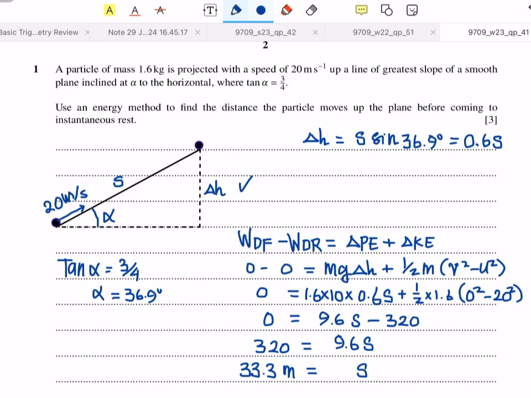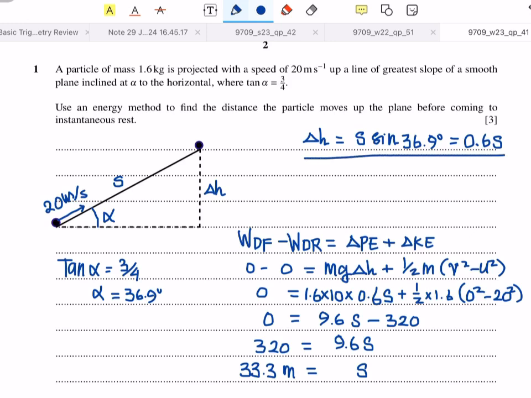So this is the diagram to help us to answer this question. The slope is inclined at alpha, where tan alpha is equal to 3/4, so alpha is 36.9 degrees. And then at the bottom of the slope, the particle is projected with speed 20 meters per second.